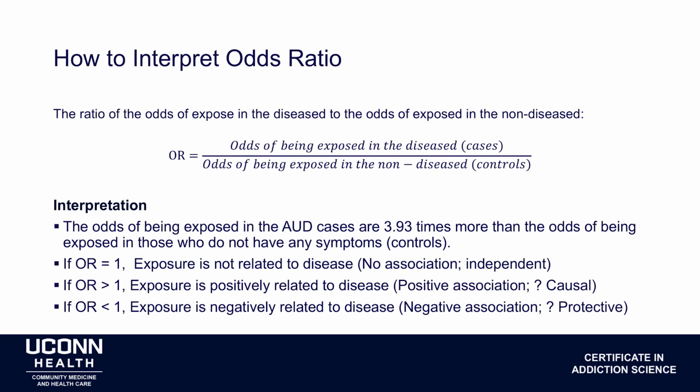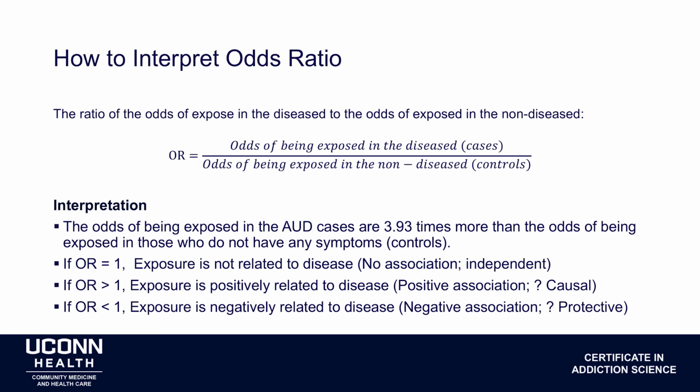It's the odds of the exposed in the cases versus the odds of the exposed among the controls. So how do we interpret it? The odds of being exposed in the AUD cases are 3.93 times the odds of being exposed in those who don't have the symptoms.